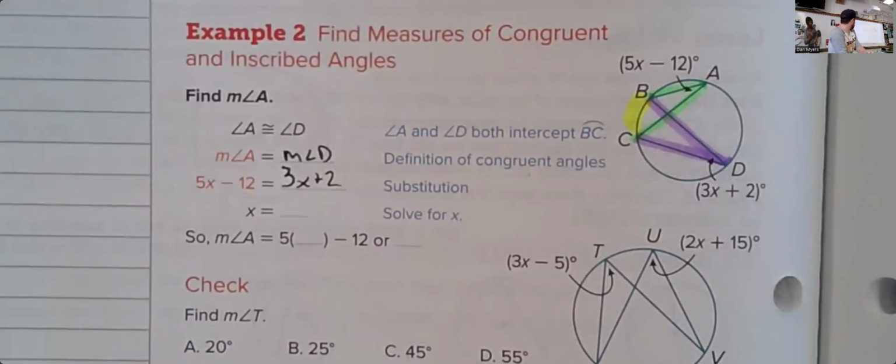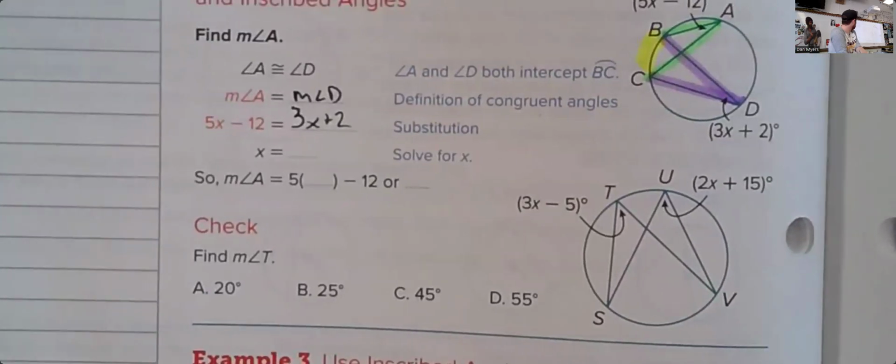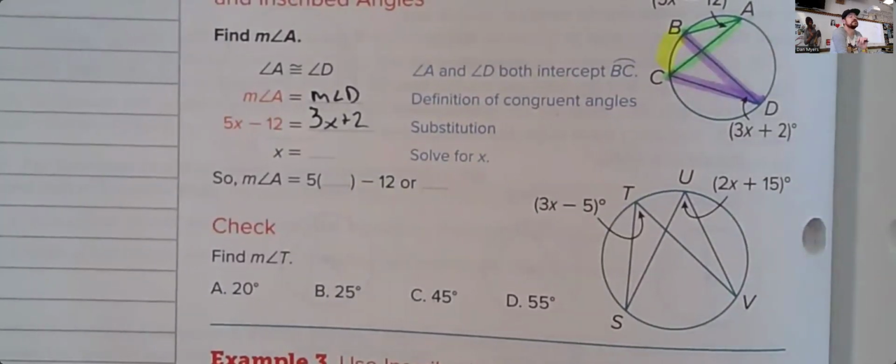Now, there's a little bit of algebra that has to happen to solve for x, so go ahead and solve for x real quick. You know what x equals once you have it.